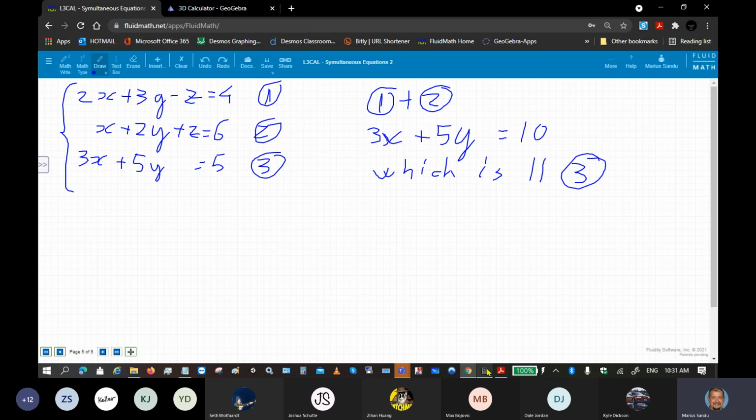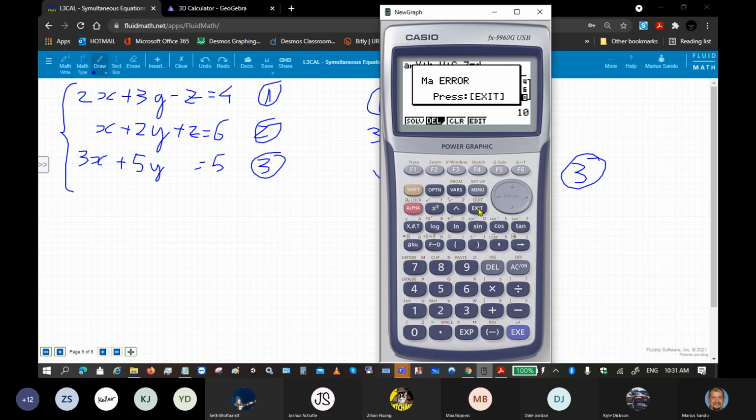First, before doing all that, I tried the graphics calculator. Yeah. So I've got 2, 3, negative 1, and 4, 1, 2, 1, 6, 3, 5. What's the coefficient of z? Is 0 and 5.